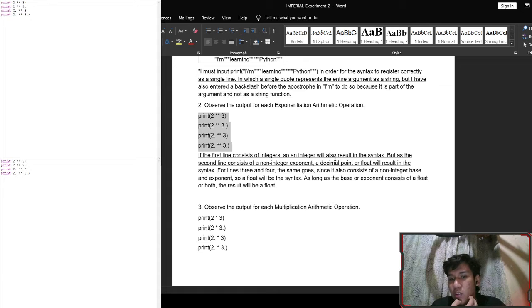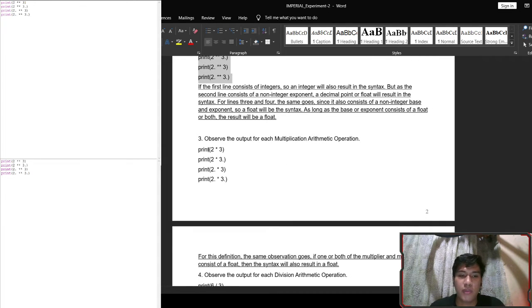It has a decimal point, a float, that results in a float. For lines 3 and 4, the same goes since they consist of a non-integer base and exponent. So a float will result. As long as the base or exponent consists of a float, or both, the result will be a float.